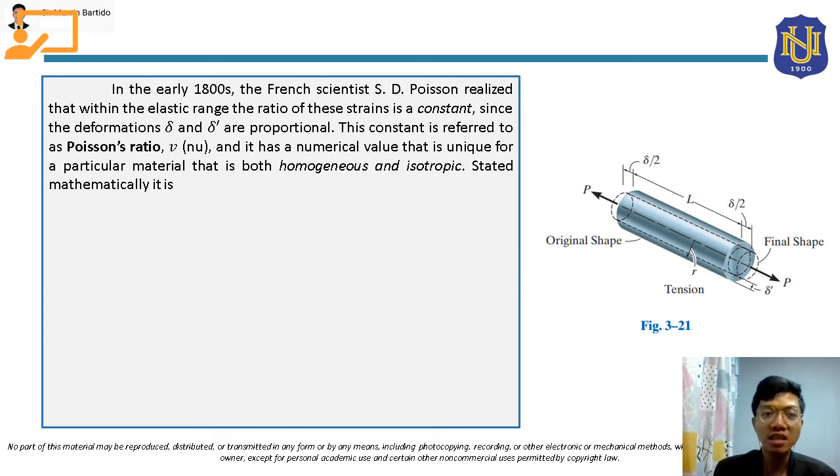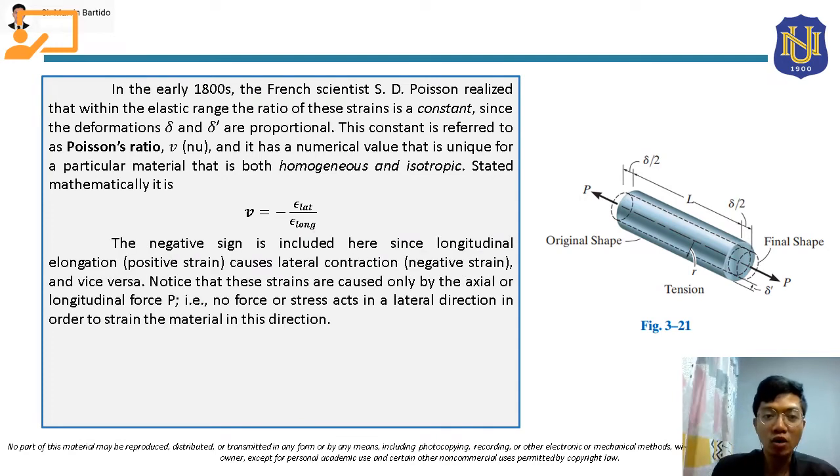Stated mathematically, Poisson's ratio is equal to the negative of the strain in the lateral direction over the strain in the longitudinal direction. Class, the negative sign indicates that one of these values will be negative.